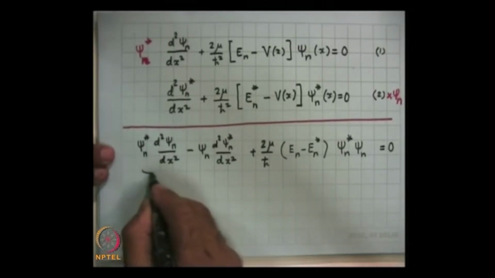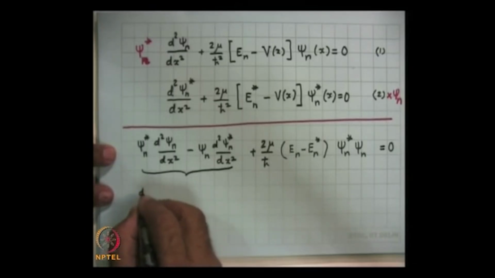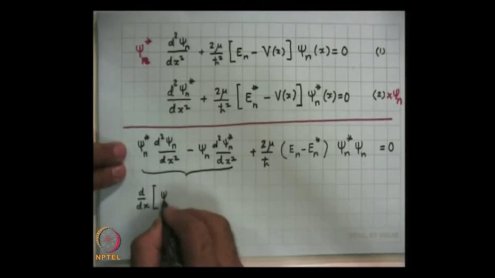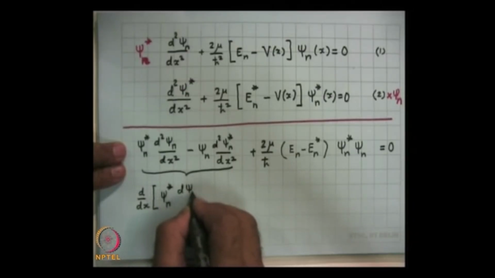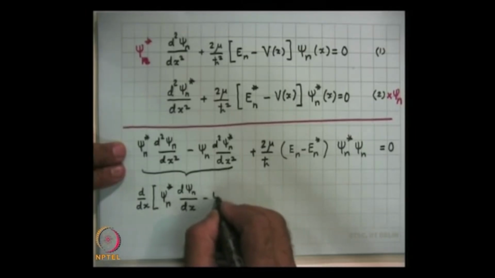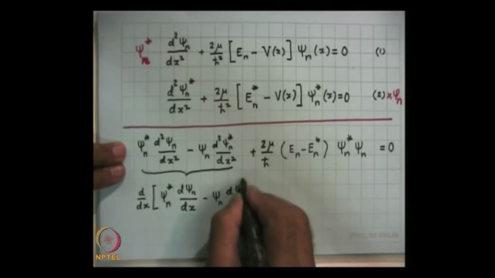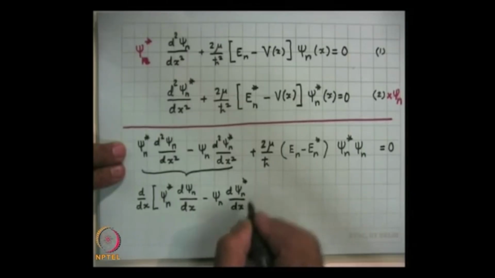This term, if you write carefully, will be the total differential d dx of, please see this, psi n star d psi n by dx minus psi n d psi star by dx.